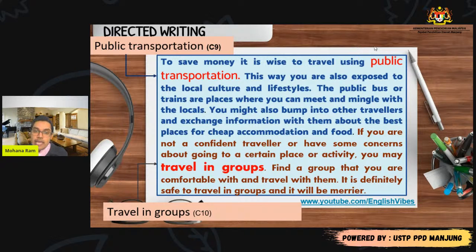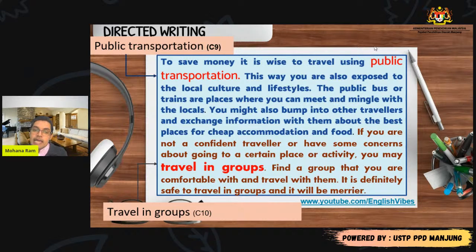Or you can say, if you do not like to travel alone, you can also go on a group tour. Or you can also travel in groups so that you will have company, you can exchange information, and you will not feel lonely. I'm just giving you an example of how you can elaborate the idea.